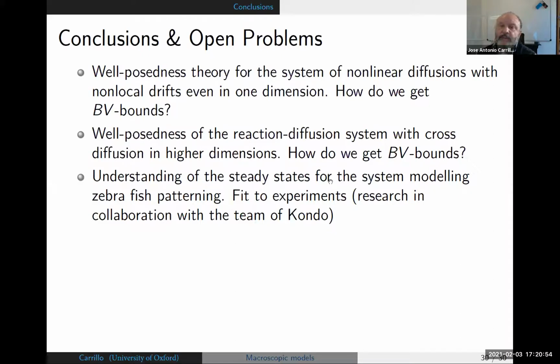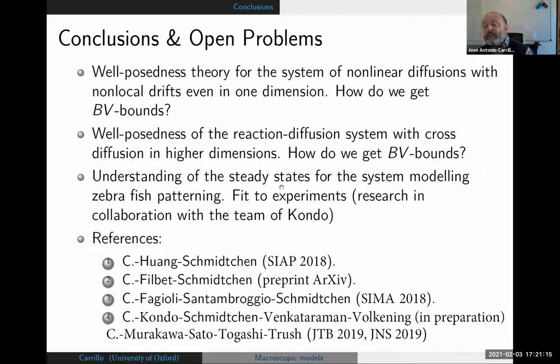And then on the more biological side, I want to comment that we are trying at the moment to collaborate with Kondo and Alessandra Volkening to get the model for the zebrafish patterning by using essentially input from the biological experiments, and also from agent-based models that were derived by Alessandra Volkening, and we are working on that also together with my former PhD student, Markus Schmidtchen, and Shekhar in Sussex.